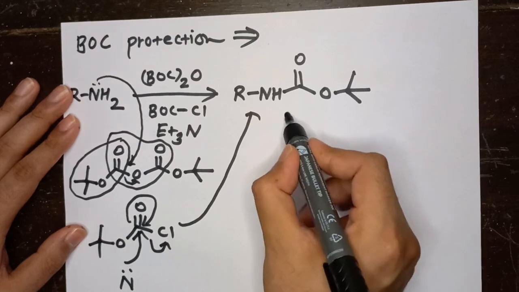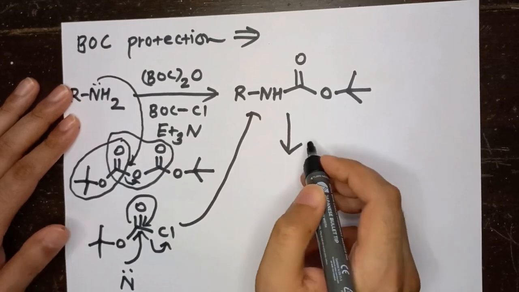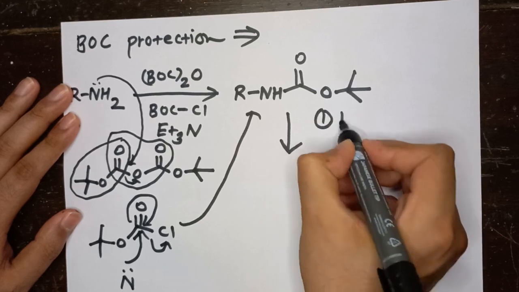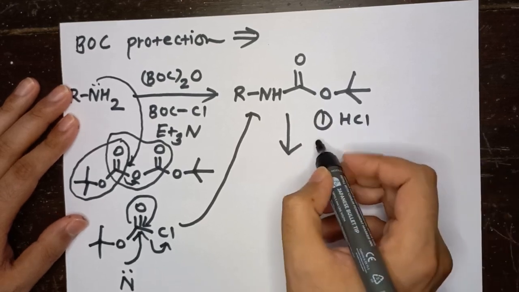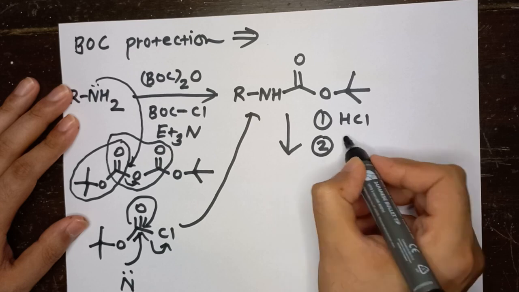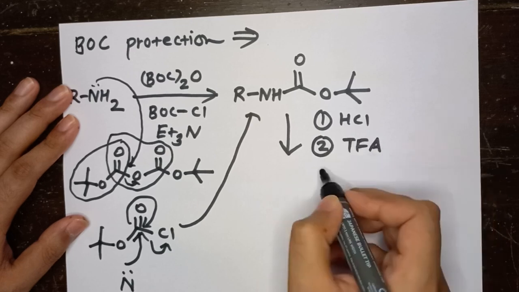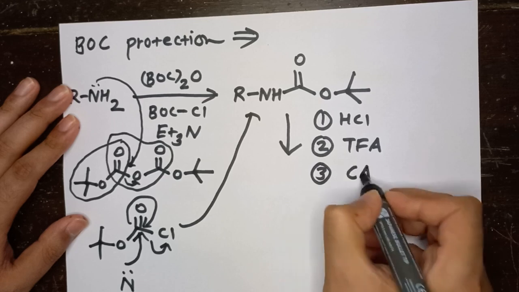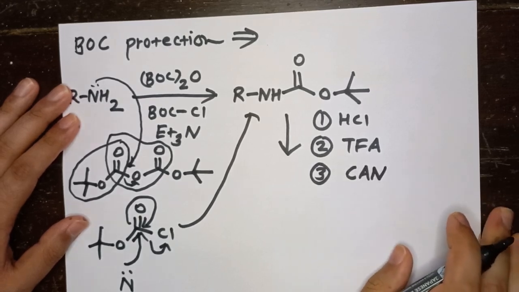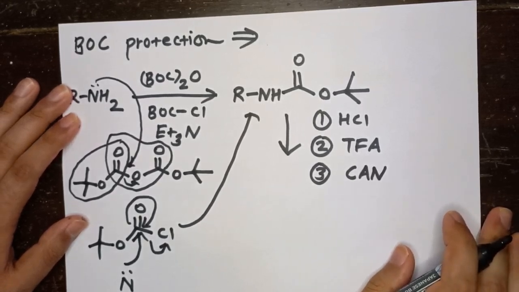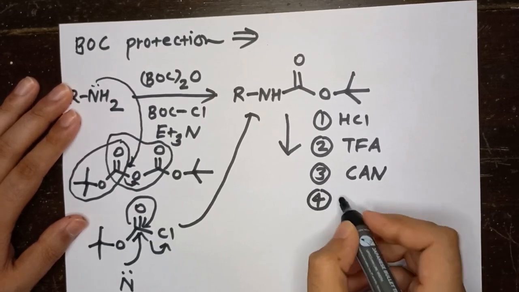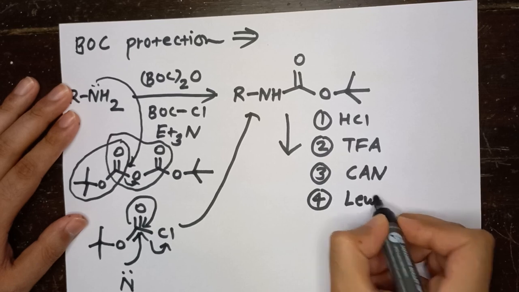Now how to deprotect a Boc protected amine group? To deprotect, you either need HCl, acidic condition, or you can use trifluoroacetic acid, another acid. You can also use CAN. What is CAN? CAN is ceric ammonium nitrate. Or you can also use any Lewis acid.